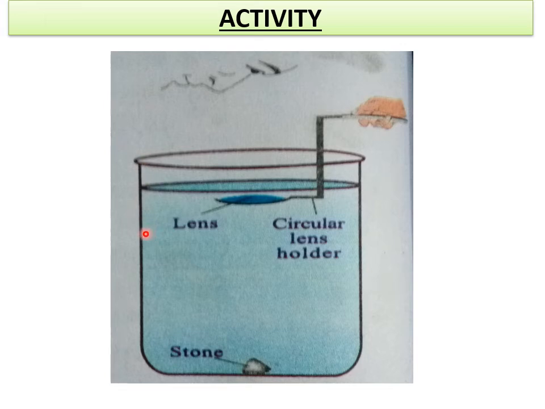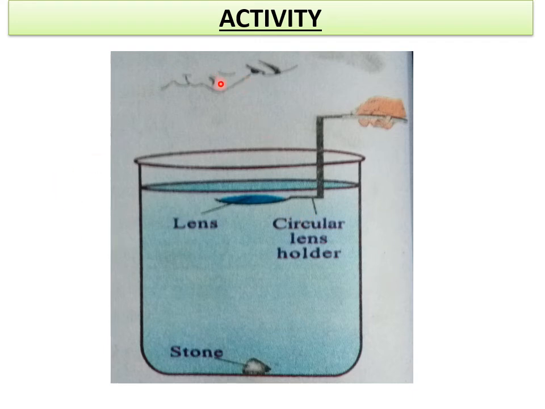So children, this is your cylindrical vessel and this is the water, and you have to take a lens. This is the circular lens holder where I can place my lens of a given focal length. If it is 5, 10 or 15, it's our choice. And a stone here, and exactly above the stone you have to place the lens. You have to see from above, not sideways, children.